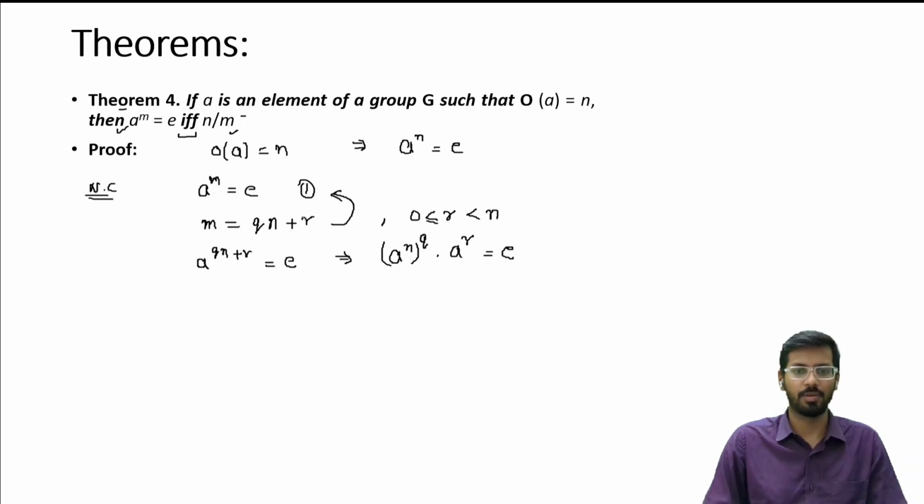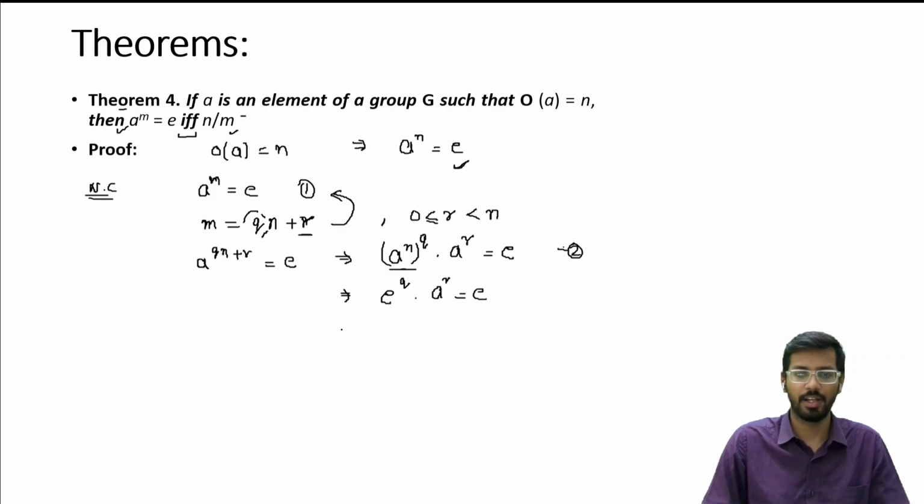Okay, because the division algorithm means that this r is the remainder. If we divide m by n, we get some integer quotient and some remainder which is not divisible further. Okay, so r is either equal to zero or lies between zero and n. So now take this equation 2. Now from this equation 2 that implies A raised to power n is equal to E, and E raised to power q dot A raised to power r is equal to identity element. That means A raised to power r is identity element. But initially we assumed that this n is the least positive number such that A raised to power n is equal to identity element, where r is less than n.